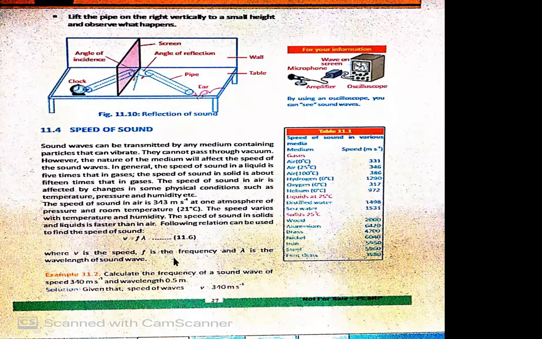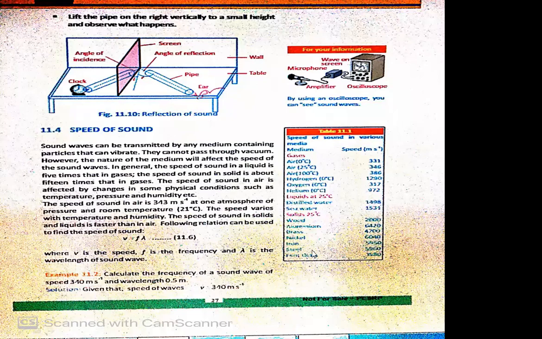So, students, we studied the speed of sound in different mediums. We discussed the speed of sound in gases, then in liquids, and then in solids. The speed of sound is very high in solids as compared to liquids and gases, and the speed of sound in liquids is more than in gases.